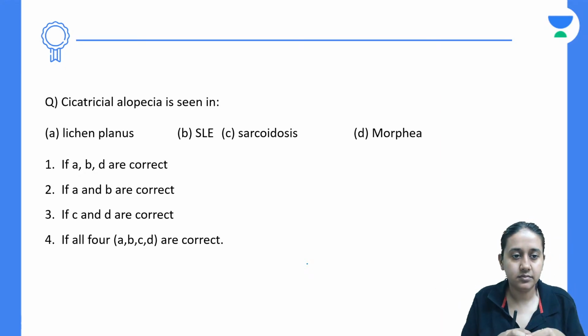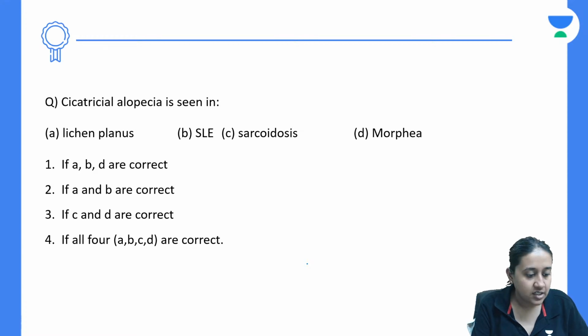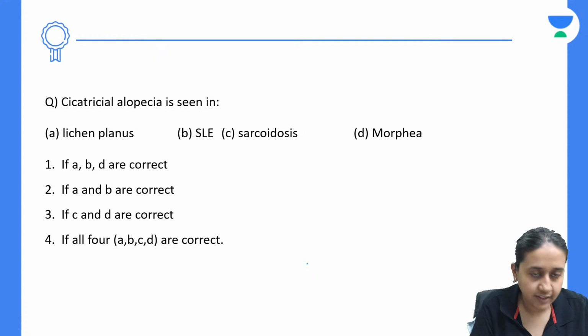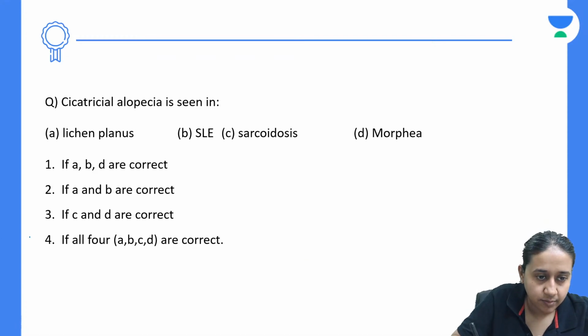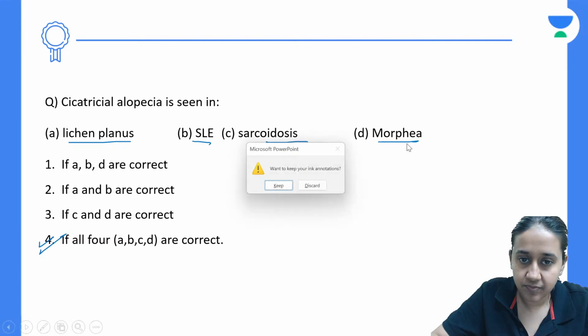Cicatricial alopecia is seen in which condition? Very nice. Answer is all of the above. Lichen planus, SLE, sarcoidosis, they are all the examples of cicatricial alopecias.